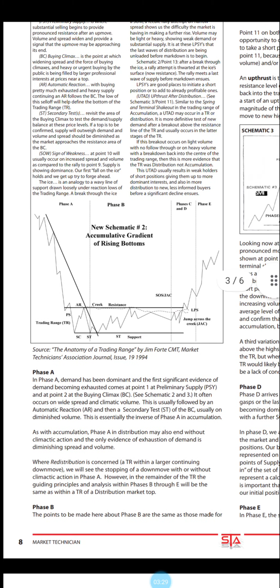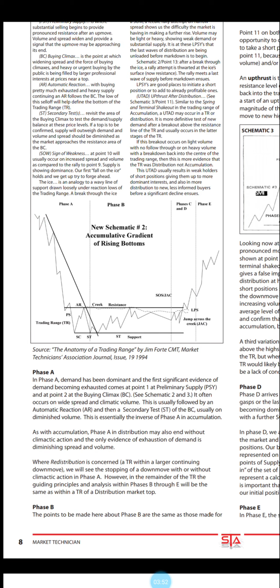Secondary test, revisit the area of the buying climax to test the demand-supply balance. At these price levels, if a top is to be confirmed, supply will overweigh demand in volume and spread. Spread should be diminished as the market approaches the resistance area of the buying climax.